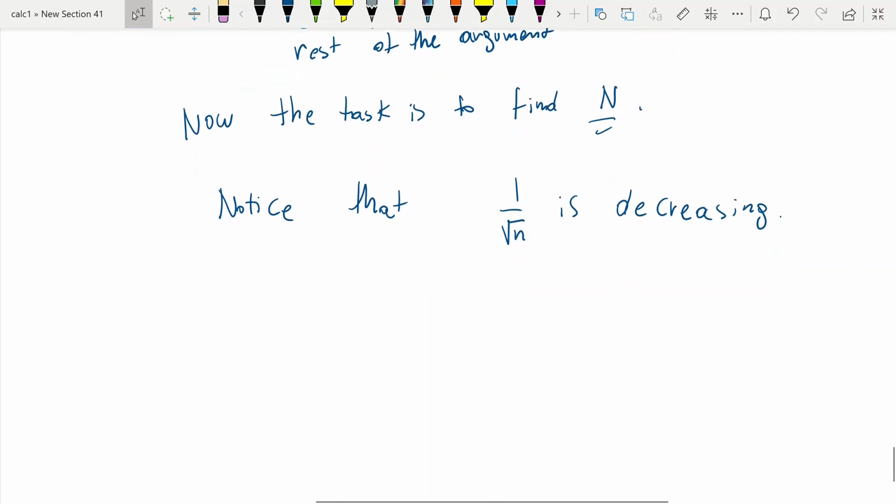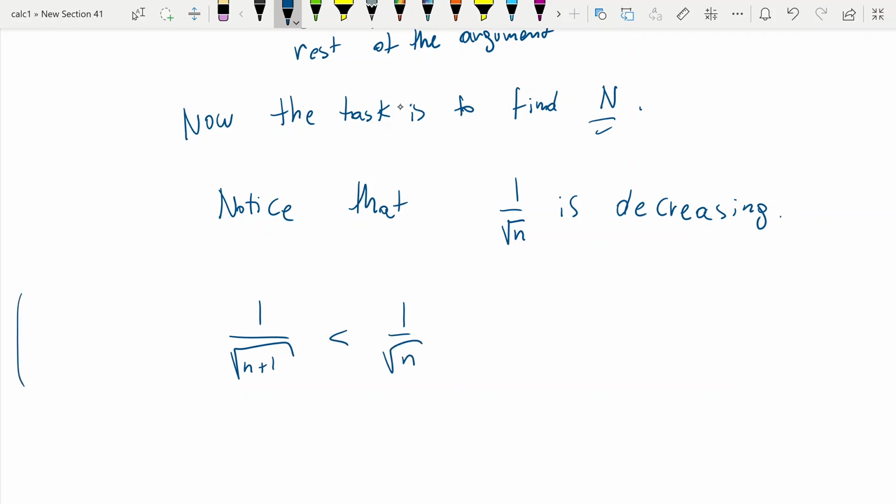Why is this decreasing? Let's look at what happens with the n plus 1 term. So this is what we want. So indeed, 1 over the square root of n plus 1 is less than 1 over the square root of n, because the square root of n plus 1 is greater than the square root of n.